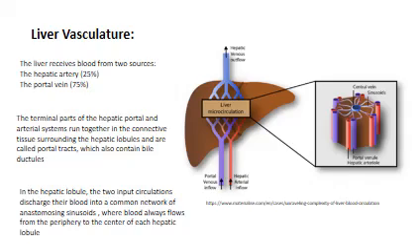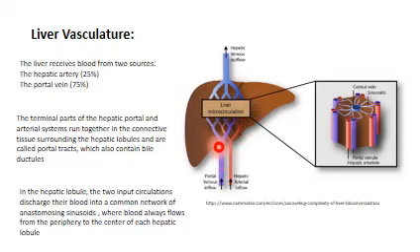So the liver receives blood from two sources, as is clear here. 75% of the blood entering the liver comes through the portal venous blood, which carries blood from the digestive tract to the liver, and 25% of the blood supply comes through the hepatic artery. The hepatic artery carries the oxygenated blood to the liver.